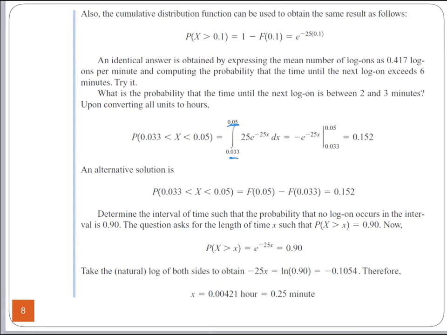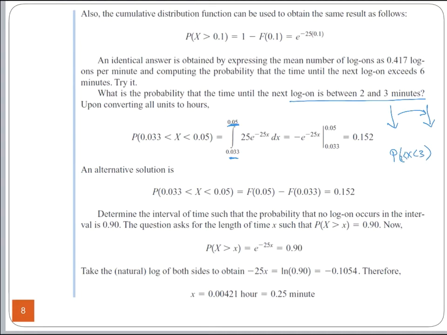So now we are looking at what's the probability that the time until the next logon is between 2 and 3 minutes. If one logon occurs, what's the probability that the time until the next logon is between 2 and 3 minutes? So we are looking for the probability that x is greater than 2, less than 3, and the time between logons follows an exponential distribution.